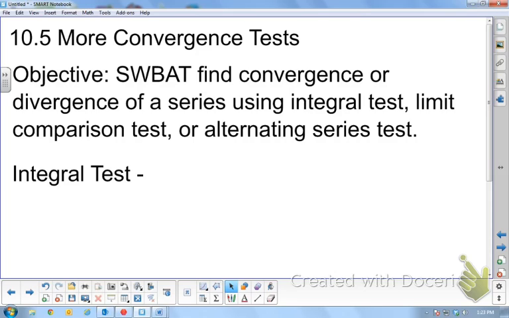Wednesday is finding an error bound. So Thursday, Friday we'd be reviewing, and we'd test the Monday after on Chapter 10.